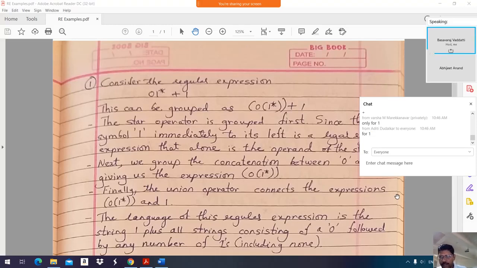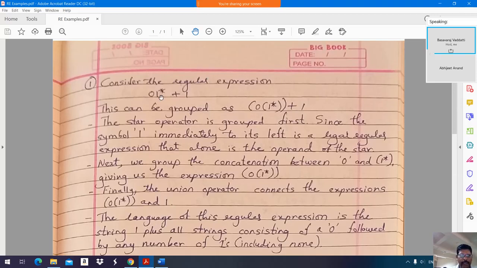Yes, that is fine. Here, star is applicable only for the immediate left-hand side operand, that is 1. That is, the star operator is grouped first, since the symbol 1 immediately to its left is a regular expression, that alone is the operand of the star.